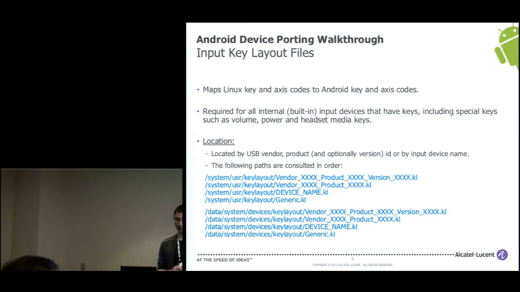But here you may find more information about the input key layout files. So again, one of the goals is to map the Linux key codes into Android key codes. This is required not for the touchscreen, but at least for all devices that have physical keys. So for example, the keyboards. This is really important.